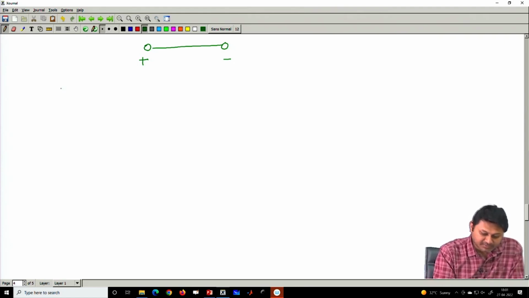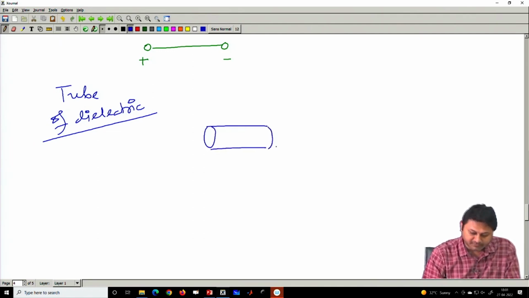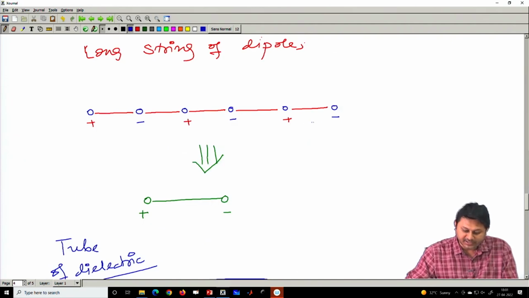So, we can understand this in terms of a tube of dielectric. Let us consider a tube of dielectric, a cylindrical shaped tube made of dielectric, where this is the area A and this is the length D. It can be equivalent, because as we mentioned, only the leftover charge is here.